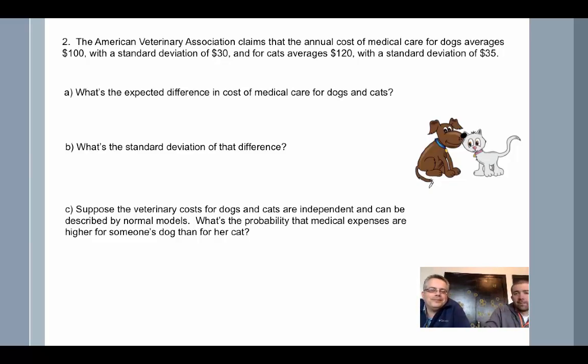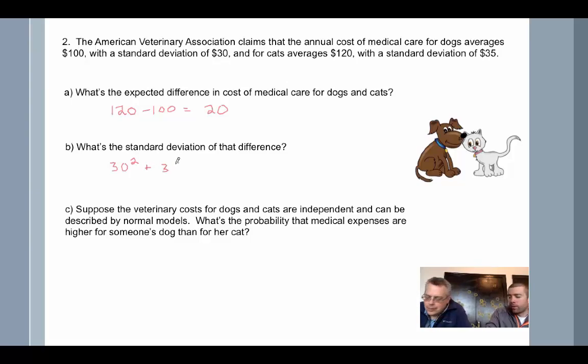The expected difference is just the difference in cost, 120 minus 100. We're just going to keep it positive, so we're going to do cats minus dogs in this problem. That's a $20 average difference. Now for the standard deviation, we have to go through the variance: 30 squared plus 35 squared.